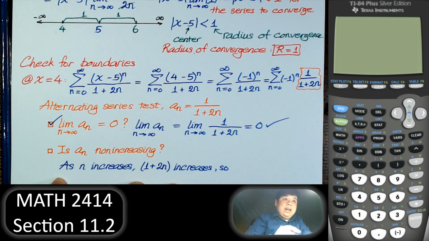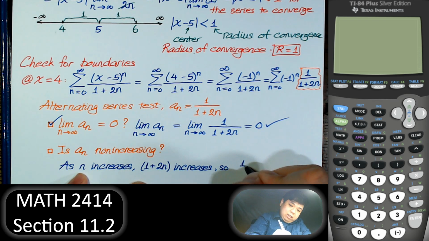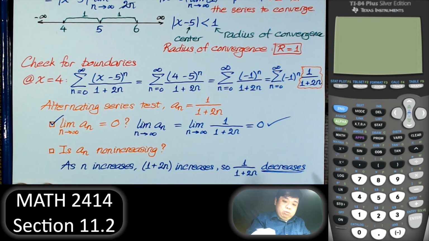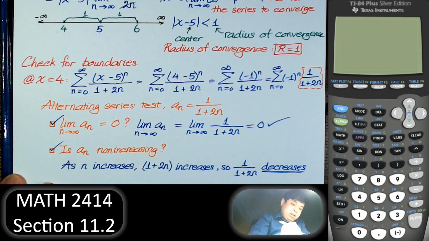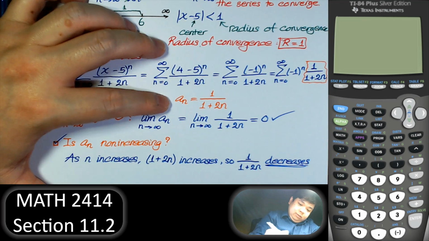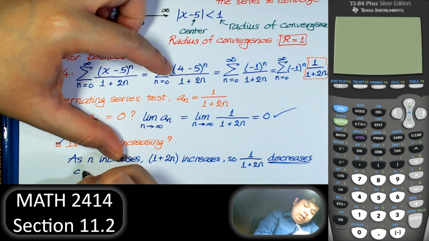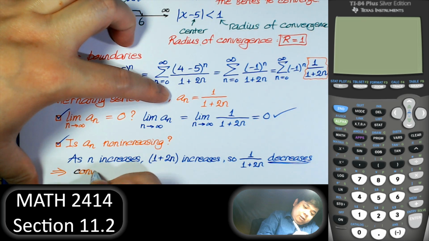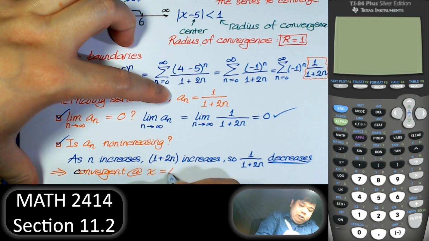So if the bottom is increasing, the whole ratio will be decreasing. And it is decreasing, which means certainly non-increasing, so that checks. Because of that, it is convergent at x equal to 4.